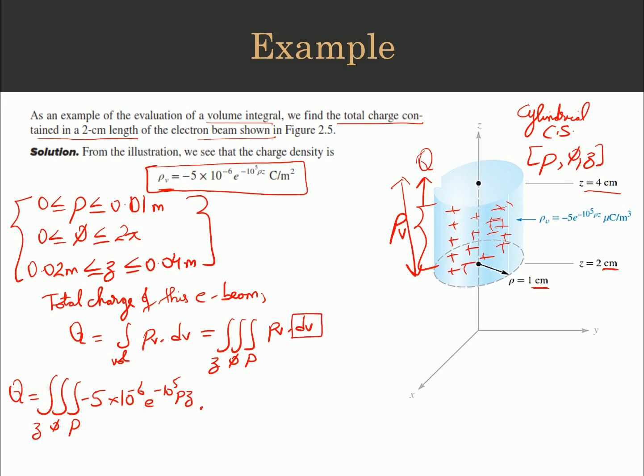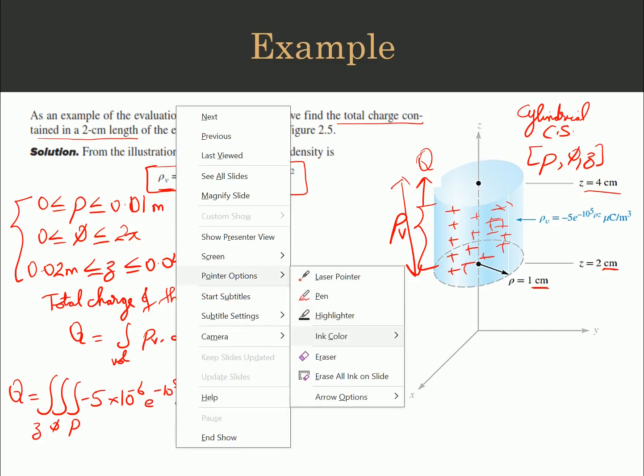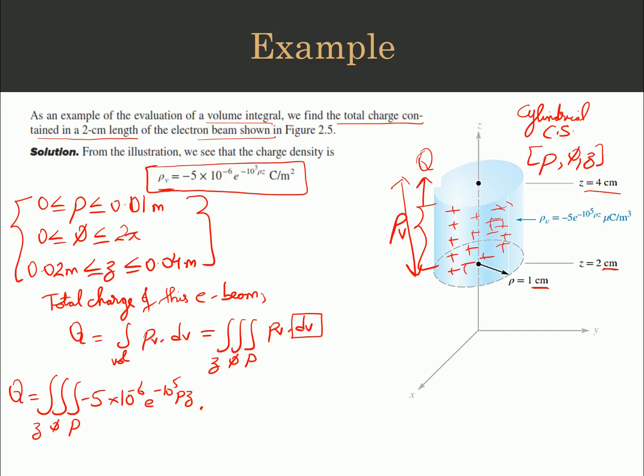Since this is a cylindrical coordinate system and we are finding the volume, we know the volumetric differential element for the cylindrical coordinate system is d rho, then rho d phi, and then dz.